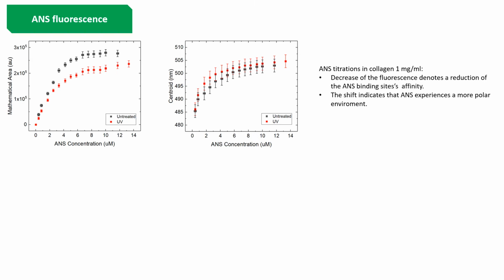ANS is a fluorescence probe that is sensitive to the environment. So I did some titrations, and we see a decrease of the maximum fluorescence for the UV treated sample with respect to the untreated sample, and this denotes a reduction of ANS binding site affinity.